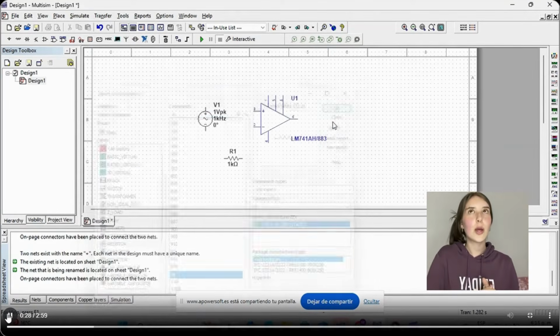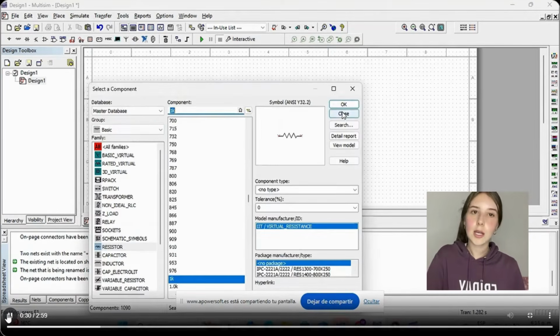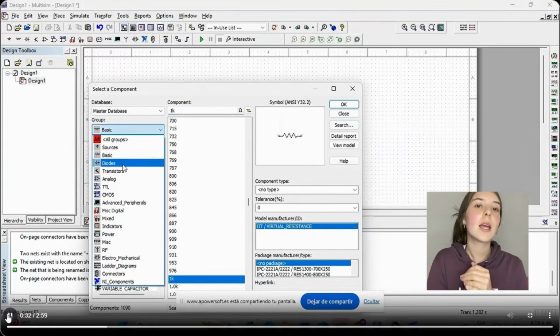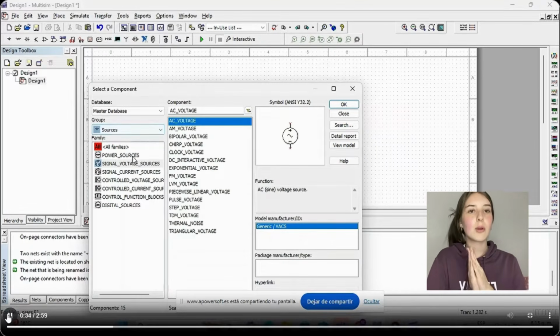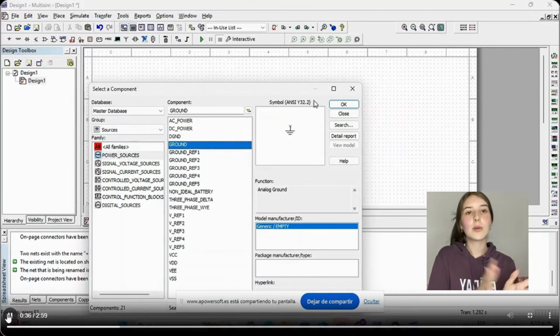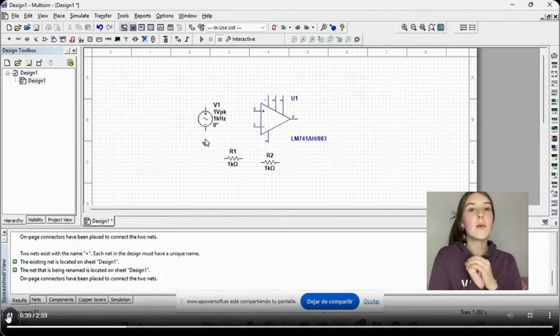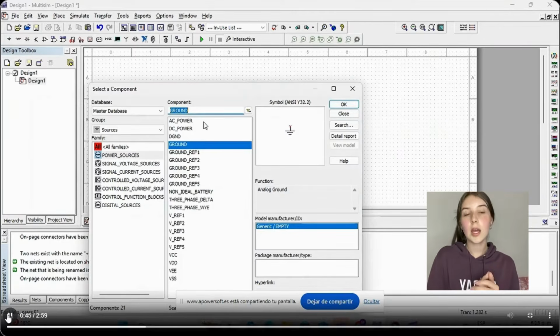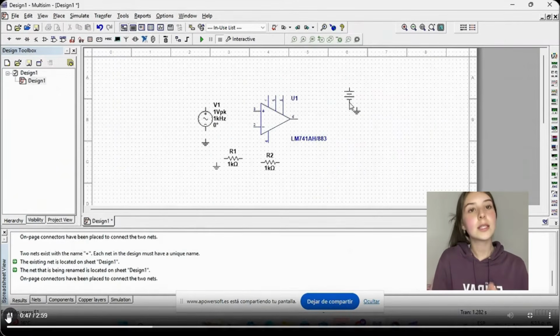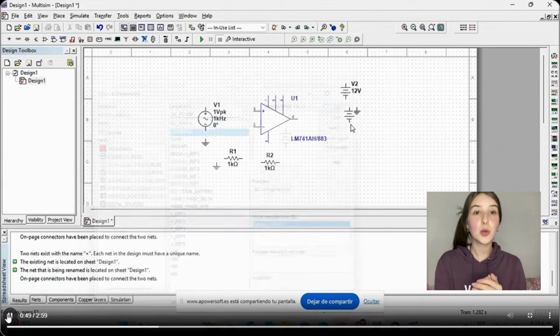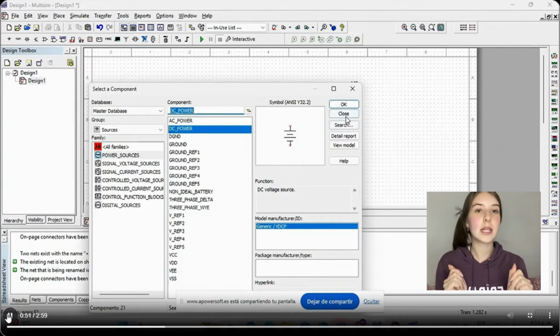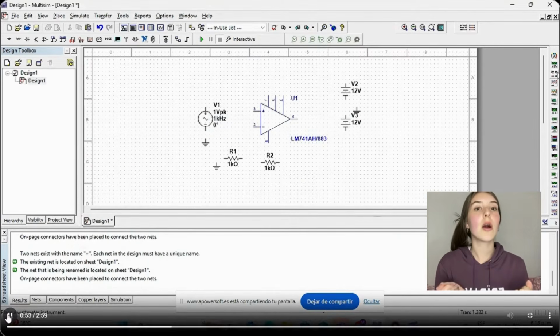We take out another equal resistor, and in the group we go to the power sources, we choose ground and OK. We do this 2 more times, once for the alternating source and another for one of the resistors. Then, to take out the power supply, called DC power, we take out 2 on the right side. The 4th item, you click to take out the oscilloscope.